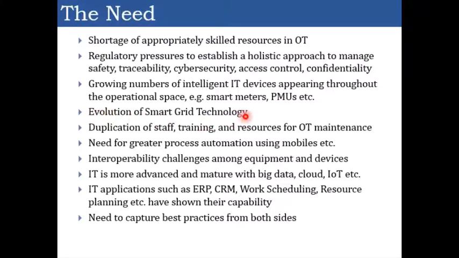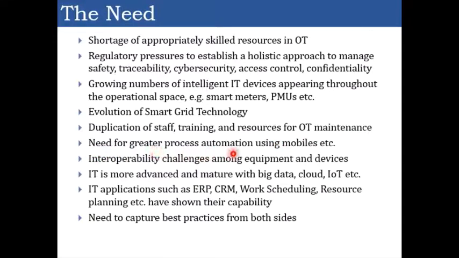And the evolution of smart grid technology is also forcing engineers to start implementing the convergence of IT and OT. The duplication of staff, training, and resources for OT maintenance is also creating a financial burden on utilities and enterprises. If they keep a person who has knowledge of both IT and OT, the number of staff required for operations and the training required for them will be reduced. In that way, they can save money.